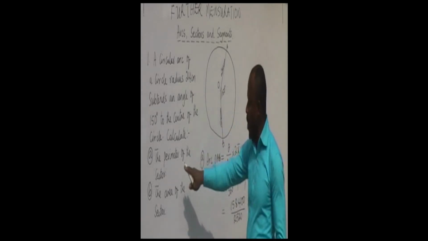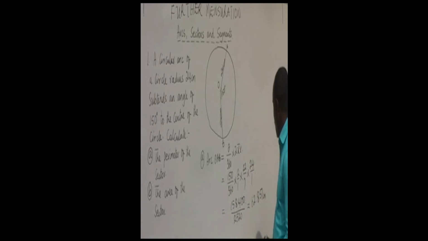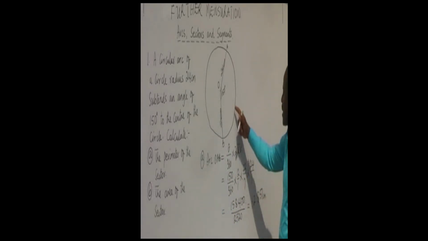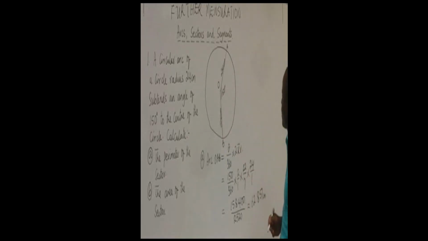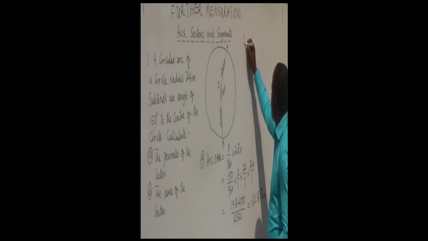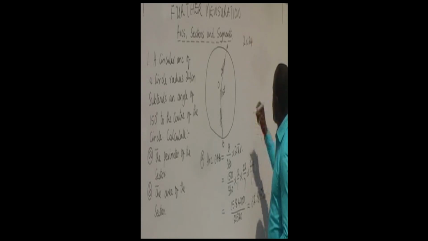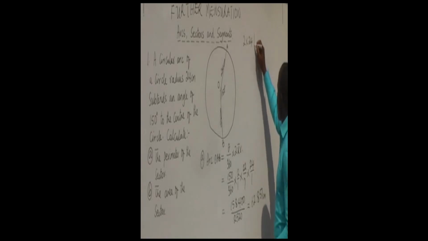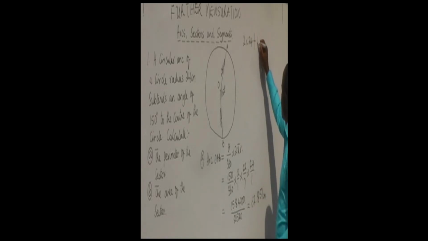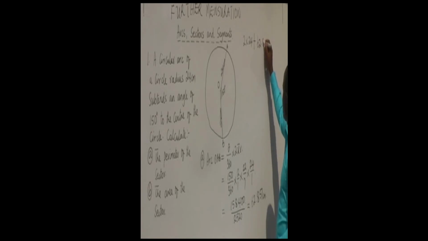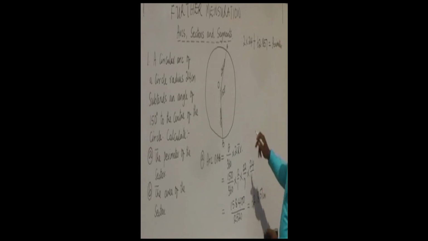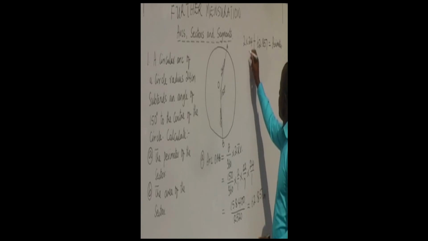The perimeter which the question actually has asked for will come by adding this length of the arc plus twice the radius of the circle. That means 2 times the radius, which is 24, plus the arc length, 62.857, will give you the perimeter. Two times 4 is 8. 2 times 2 is 4.